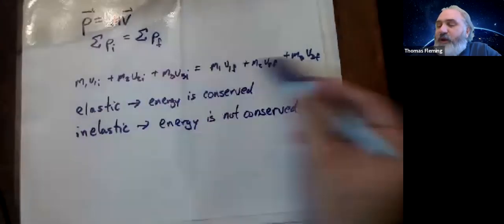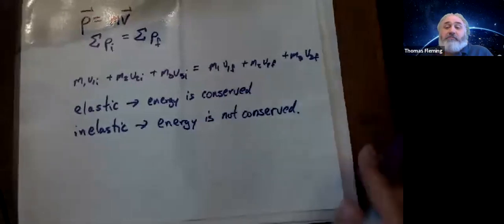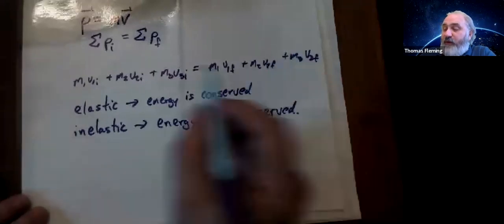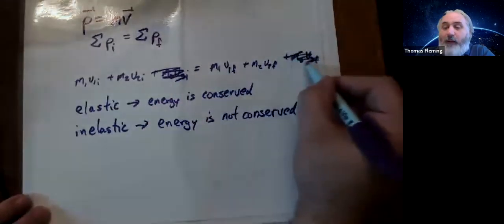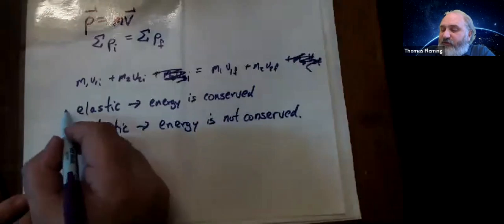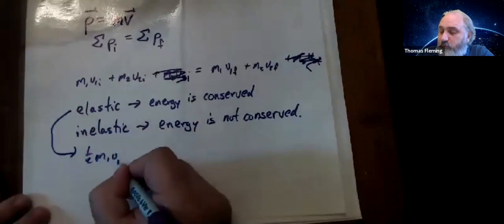Now, obviously, a 3-particle problem is algebraically a pain. You could do them. But we did in class the special case of a 1-dimensional elastic collision between 2 objects. And what happened was we started with the momentum conservation equation, except, of course, there wasn't any object 3 to speak of. We had an elastic collision, so that implied that this was true, right?